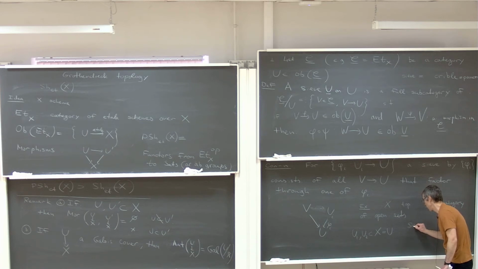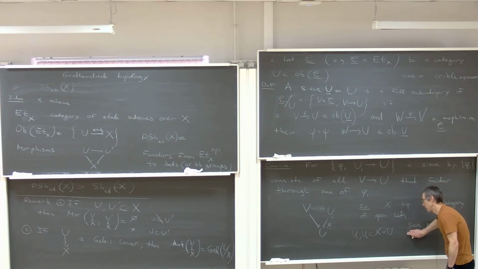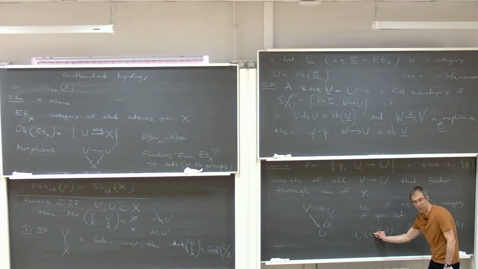Let's write it down. My inclusions here are denoted by phi1 and phi2.